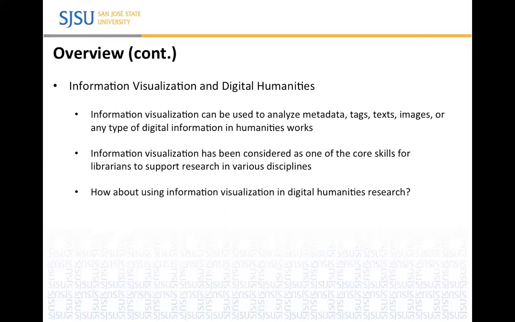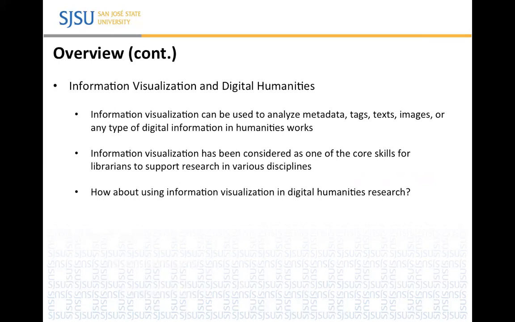So in light of the growing significance and complexity of information visualization, it is now considered one of the core skills for librarians in many organizations. However, while information visualization has been widely adopted and discussed in library research and education, there is a dearth of research pertaining to the intersection of information visualization and digital humanities.